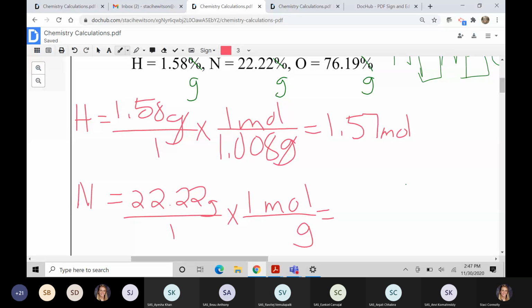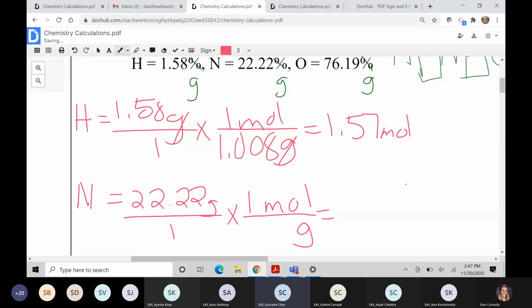Same way. You guys will be really good at turning grams into moles at the end of this. Okay, Gio, are you there? Yeah. All right, what's the molar mass of nitrogen? Find it. So it's like 14.01. Perfect.